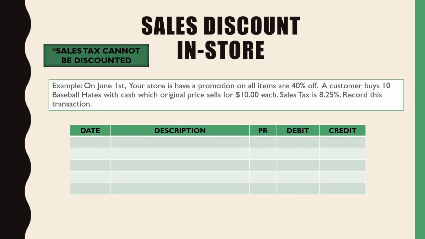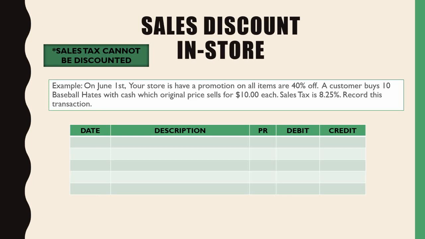A customer decides to come in and buys 10 baseball hats with cash, which originally sell for $10 each. Sales tax is 8.25%. So how are we going to record this transaction?